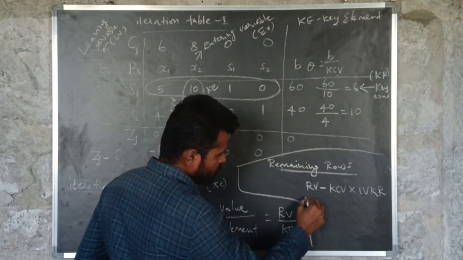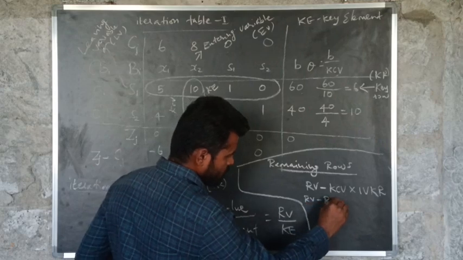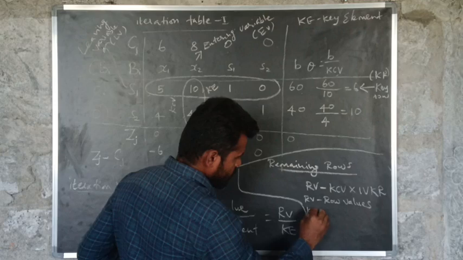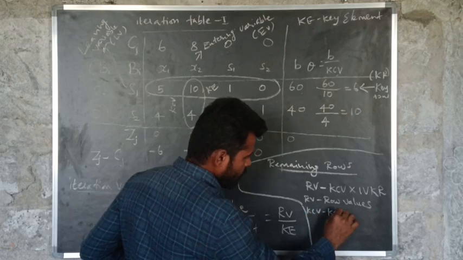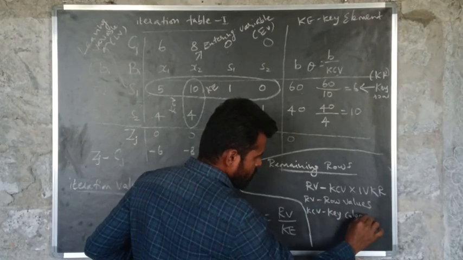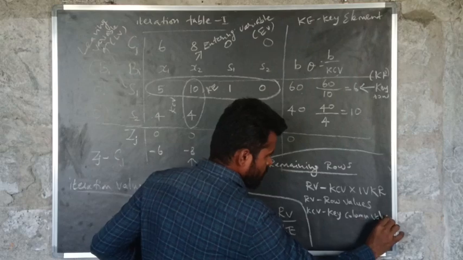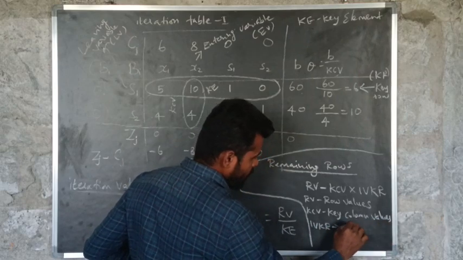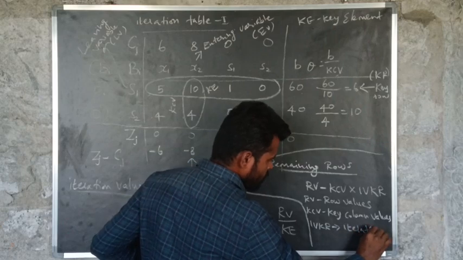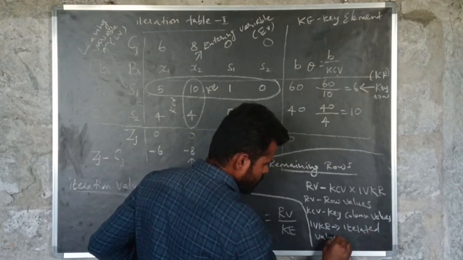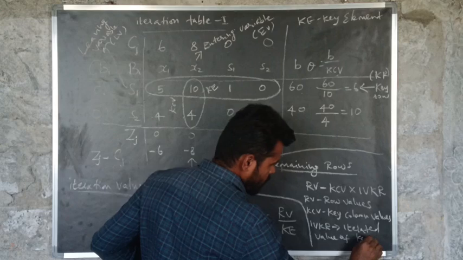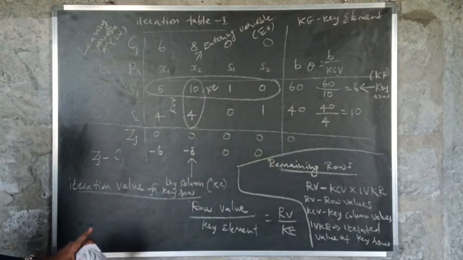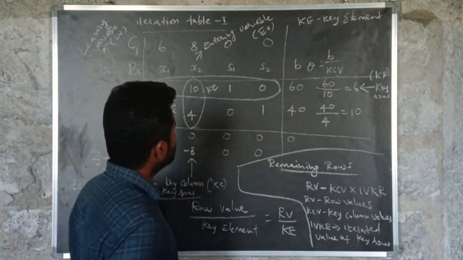Here RV means row values, KCV means key column values, and IVKR means iterated value of key row. So now we're going to apply it to find these values.